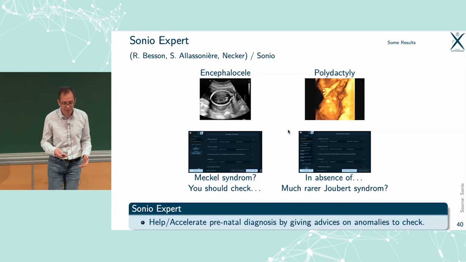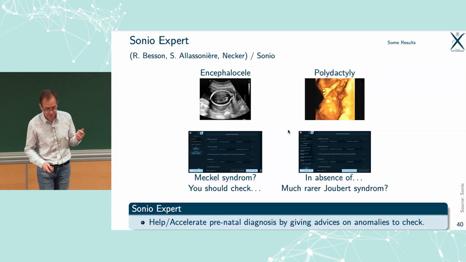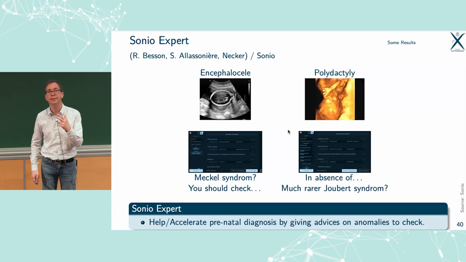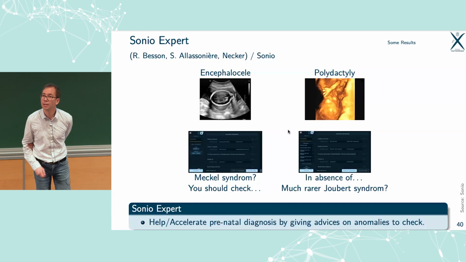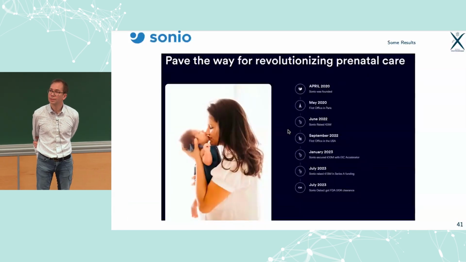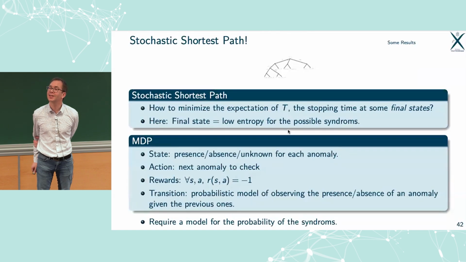The question is, how can I rephrase my problem, conducting a better exam, as something that you can solve with reinforcement learning? And that's a stochastic shortest path. That's a way of rephrasing this.